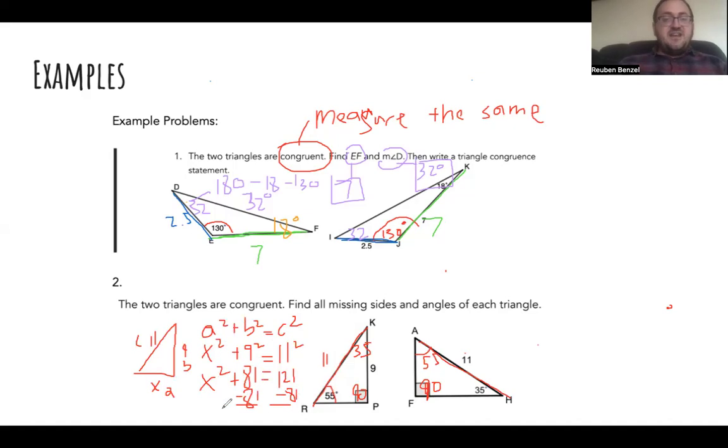It does not say anything about answer form, so you can leave it as square root of 40, or you can convert to decimal. I believe that would be about 6.3 or so. So you'll have some good review over some of those triangle problems, like the Pythagorean theorem and 180.